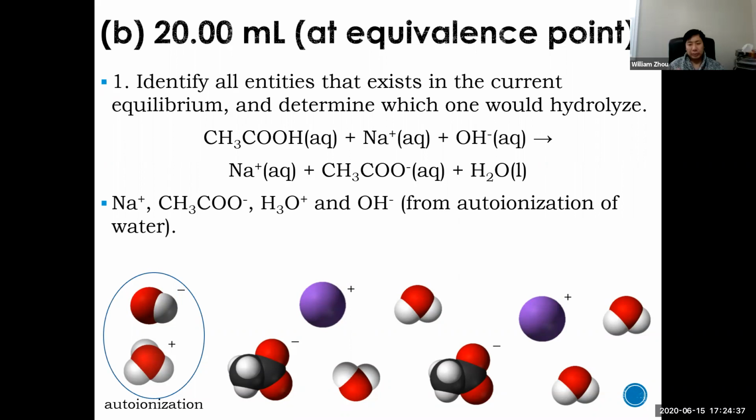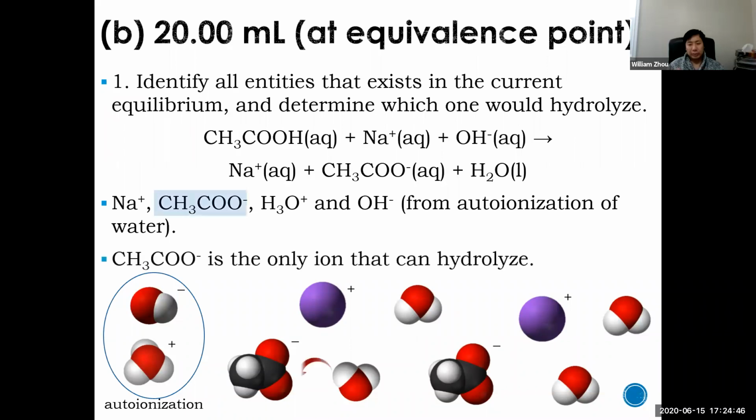Between the sodium and the acetate, the sodium is a spectator ion. It does nothing. So the acetate would then hydrolyze. It will steal a proton from the water. Look at the picture below. One proton will be lost from the water and gained by the acetate, so you will make acetic acid again.